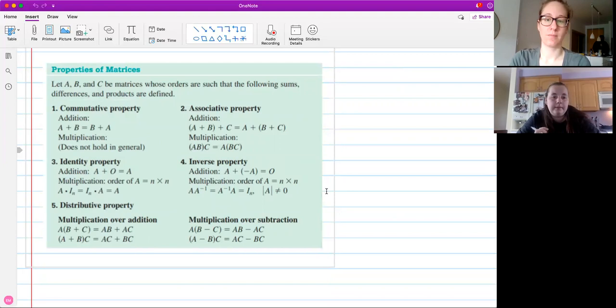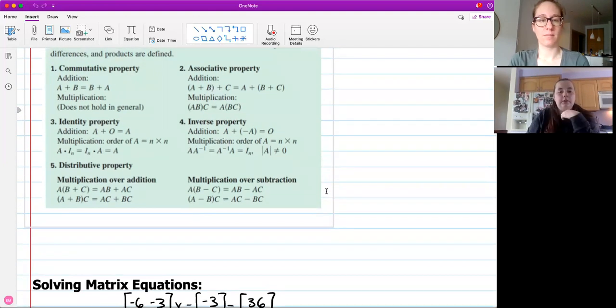And that will come in handy in a second. Then we have the associative property, which holds for both, which basically just means you can move the parentheses around. I don't think you really need to use that today. The other important property is the identity property.